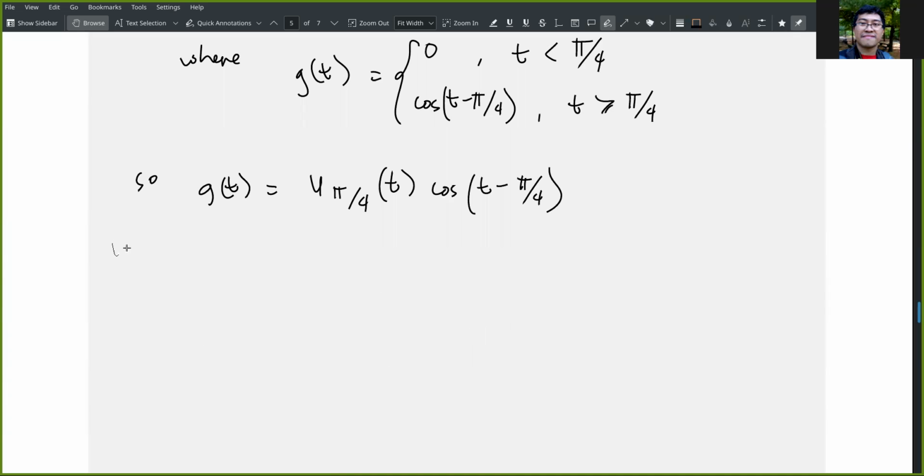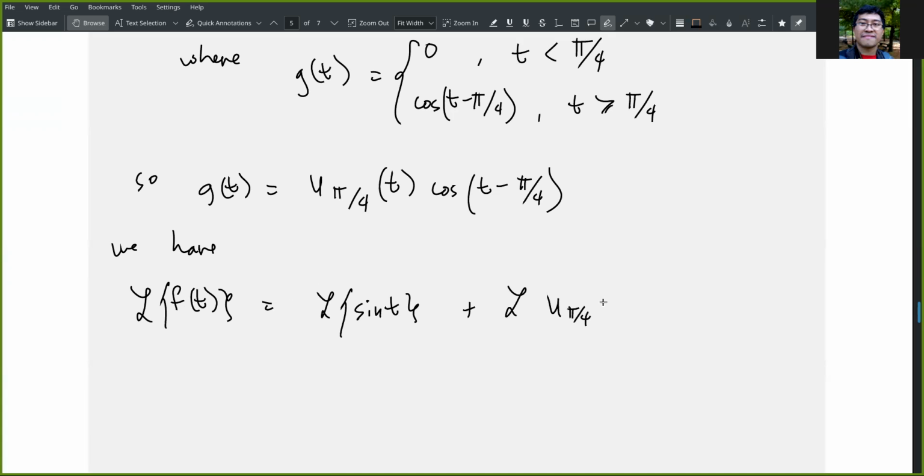So we now have the Laplace transform of f(t) is the Laplace transform of sine t plus the Laplace transform of u_{π/4}(t) cosine of (t minus π/4).